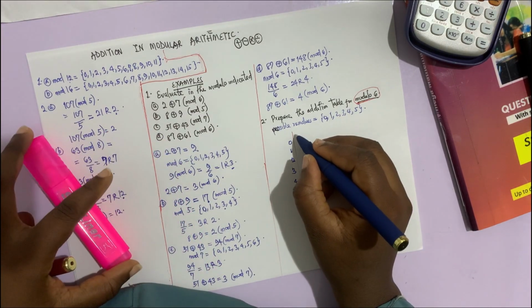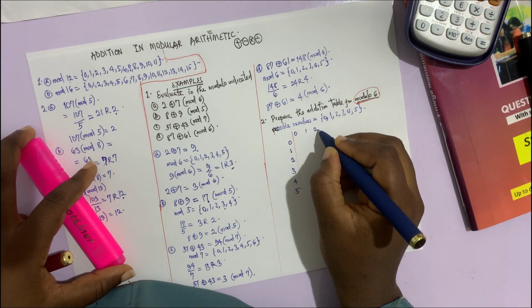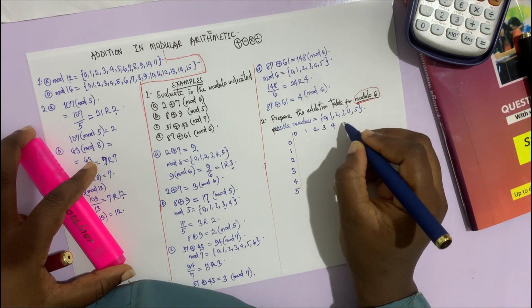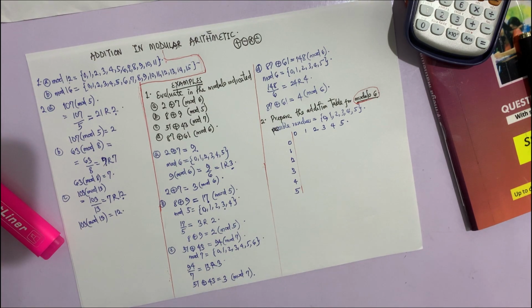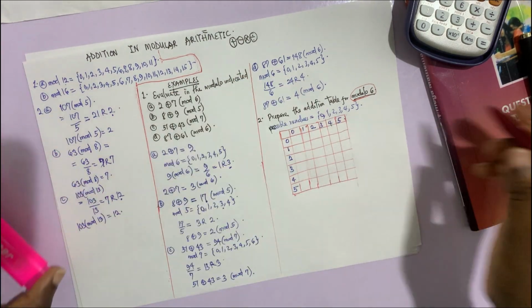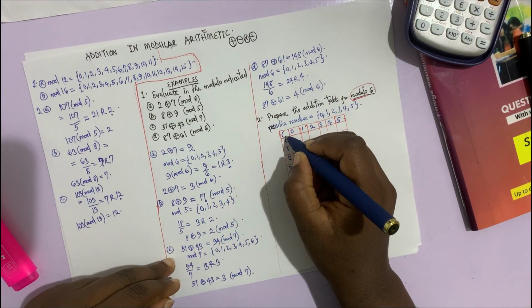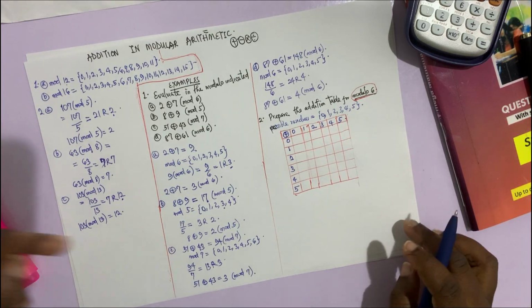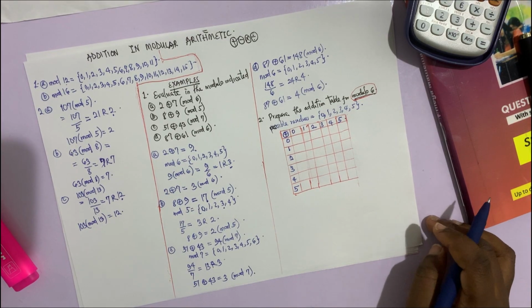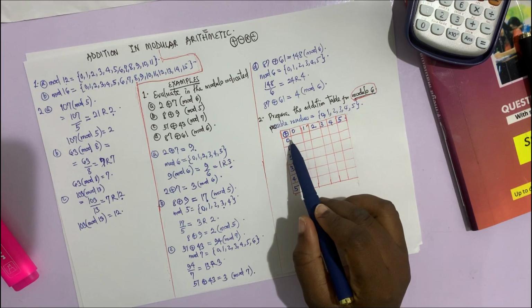And then on this upper part we also write 0, 1, 2, 3, 4, 5. After doing this, we draw the table properly like this, and then put our operation here. In this case, addition, because we are dealing with an addition table. And then we add each of these values one after the other.